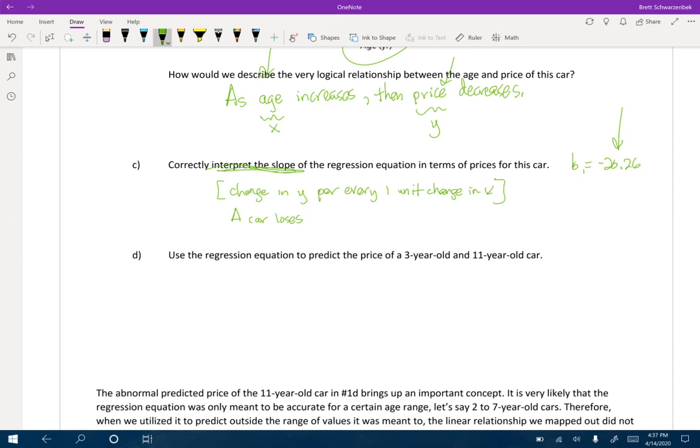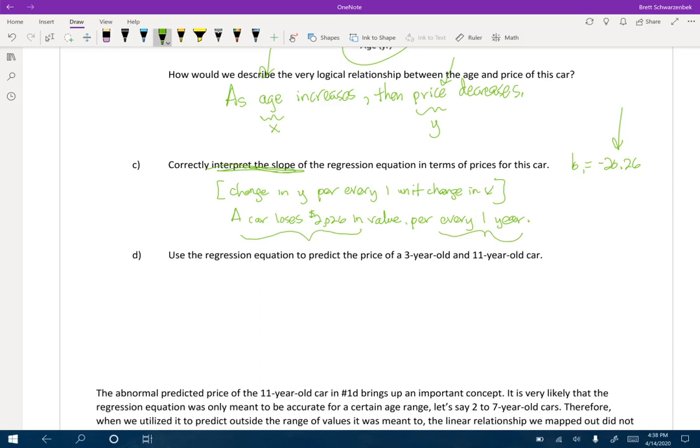But remember, this is in hundreds. So that means we are losing $2,026 in value per every 1 year.